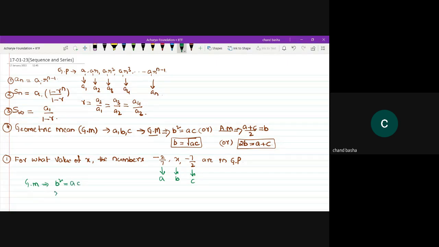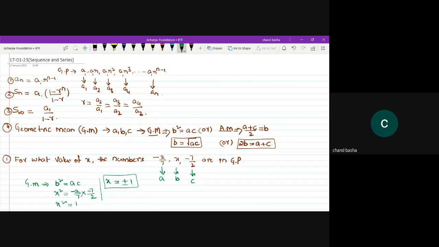So B square, that is x square, is equal to the product of the extremes: minus 2 divided by 7 into minus 7 divided by 2. So x square is equal to 1, since the 2 cancels and the 7 cancels. From this, x is equal to either plus 1 or minus 1. There are two possible cases here.